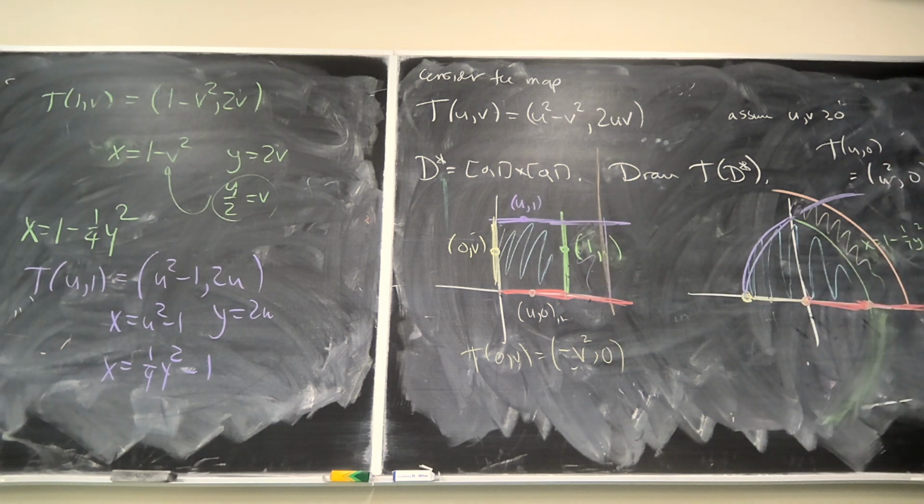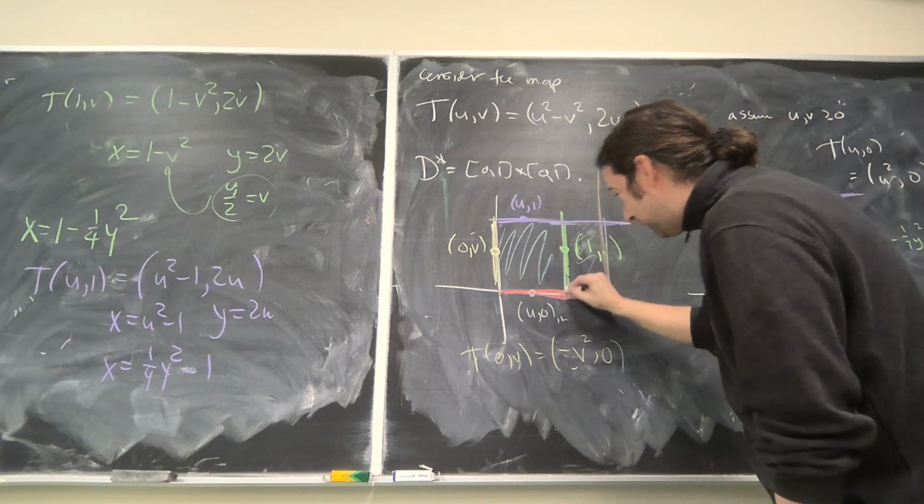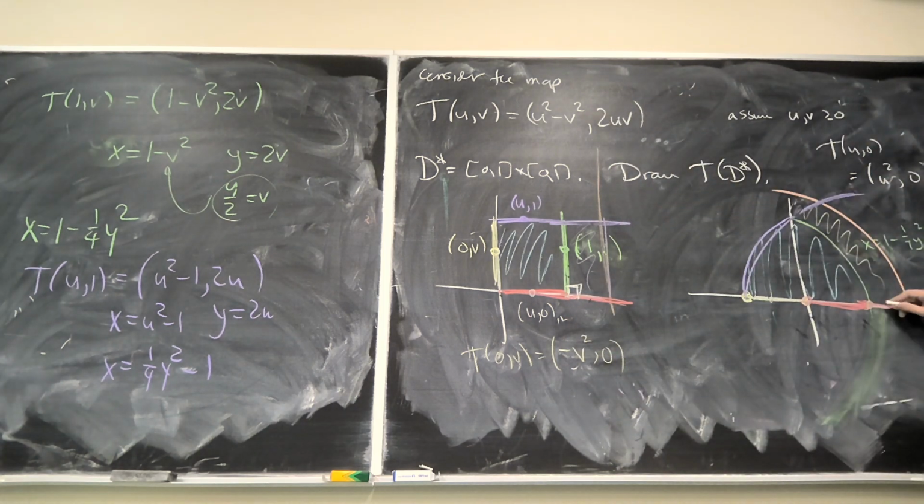Okay, now, any guesses about what the distortion factor should be here? Because this introduces some little distortion factor. If I put a little tiny square right here, just a little itty-bitty square at this corner, that little itty-bitty square is going to get turned into a little itty-bitty chunk, the set between two parabolas.